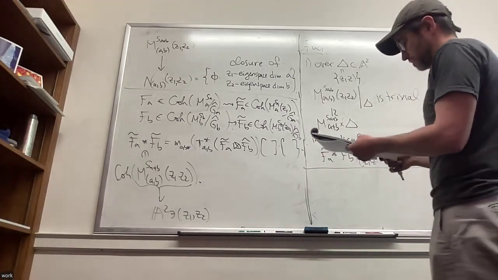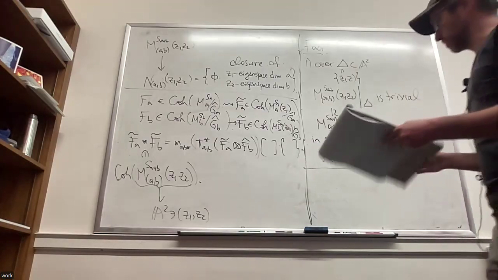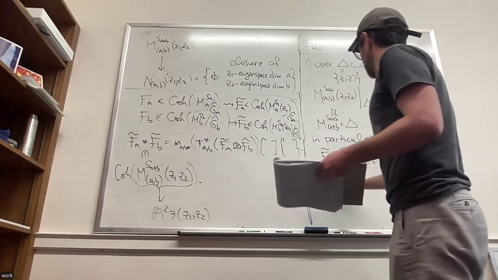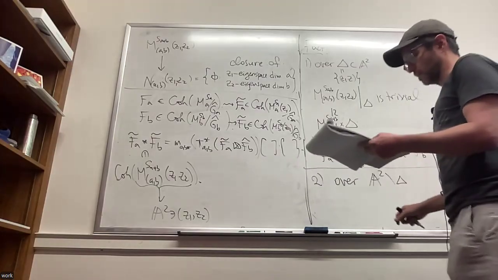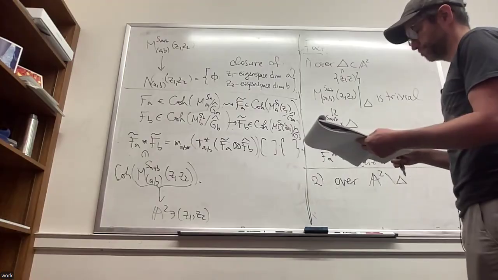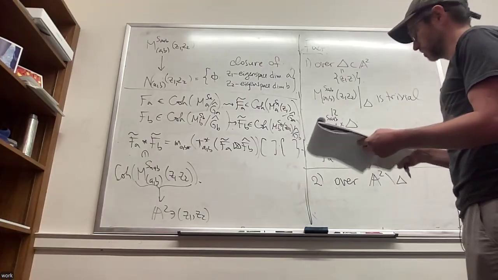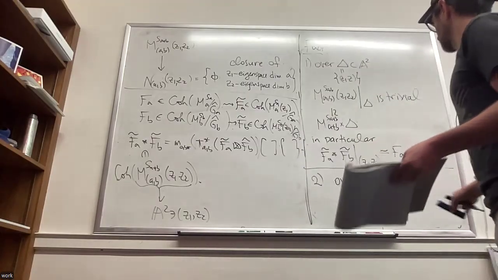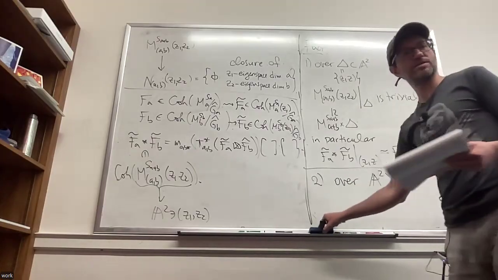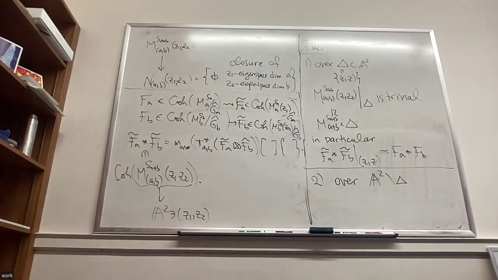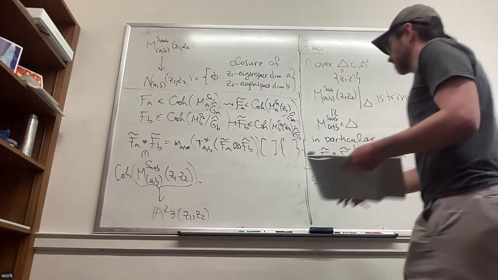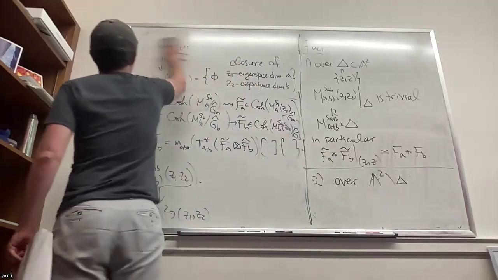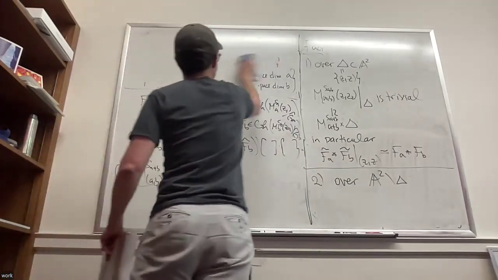Away from the diagonal, let's say over A2 minus the diagonal, one has the following diagram. Given how long this is taking, I'll write the diagram because it summarizes a lot, and then we can just jump ahead.